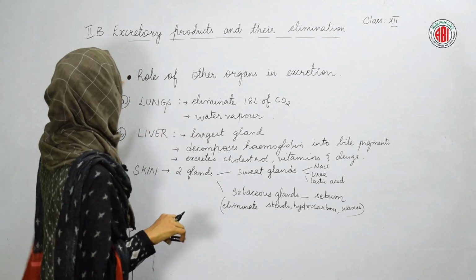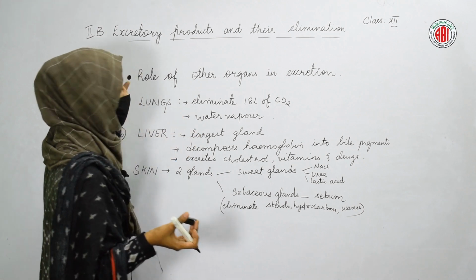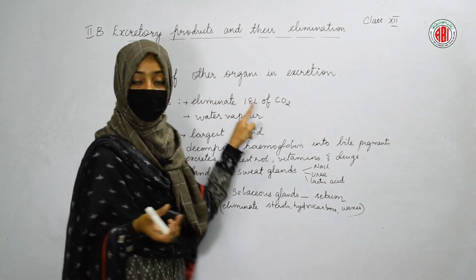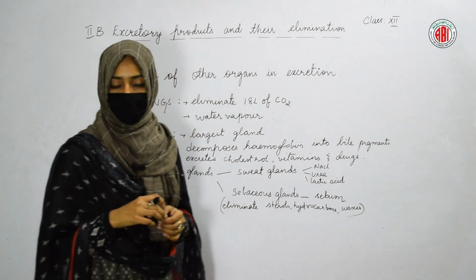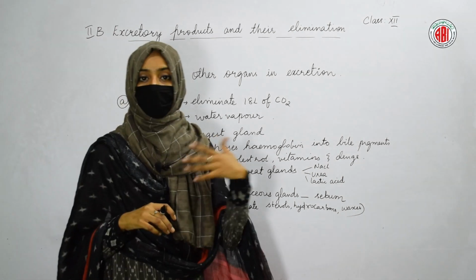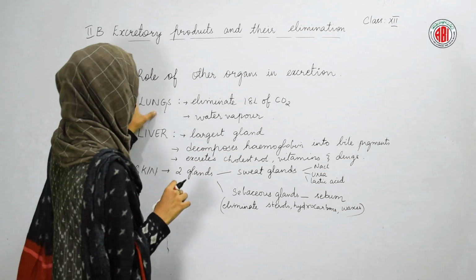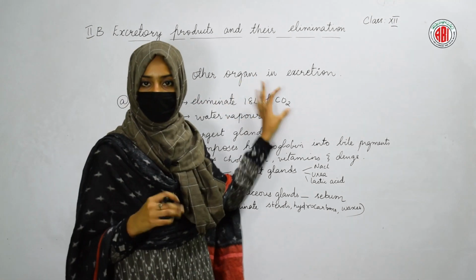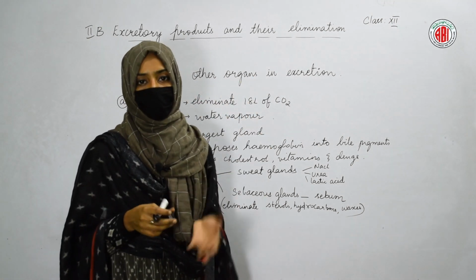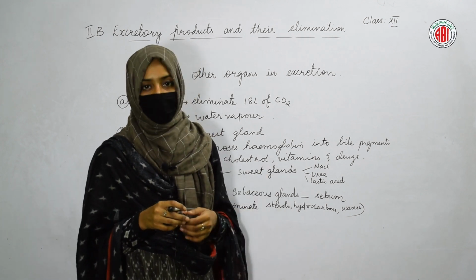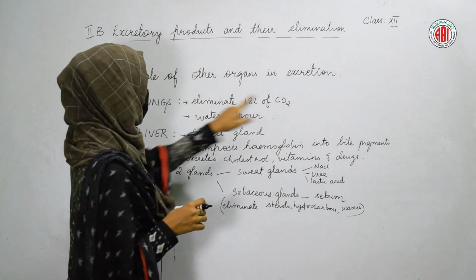Let us see. Lungs act as excretory organs as they eliminate 18 liters of carbon dioxide per day. If carbon dioxide accumulates in our body, it leads to many disorders, and those disorders can be prevented by the elimination of carbon dioxide.